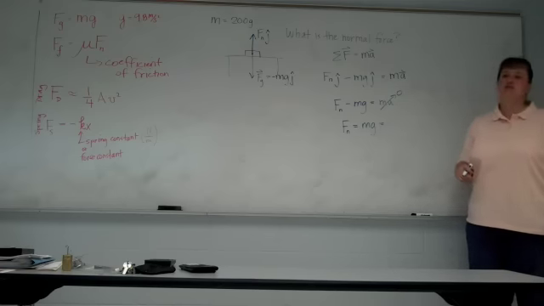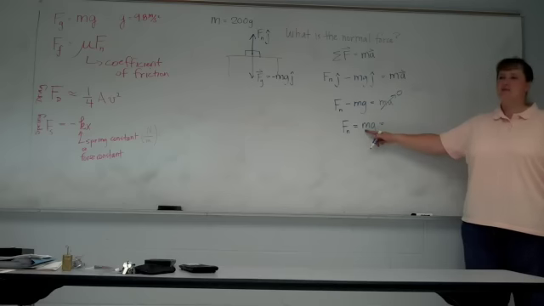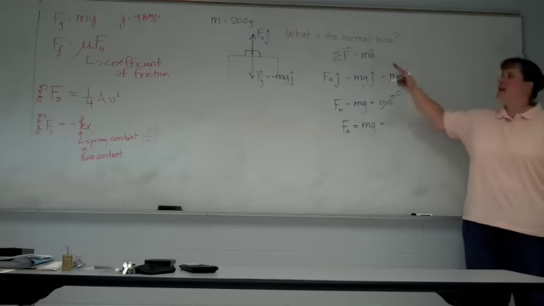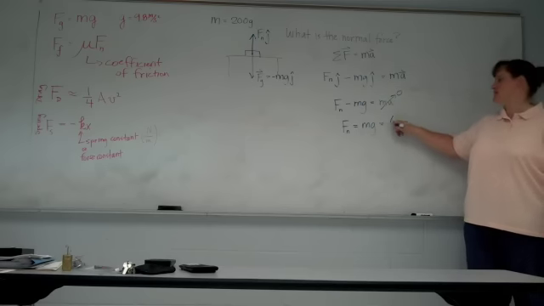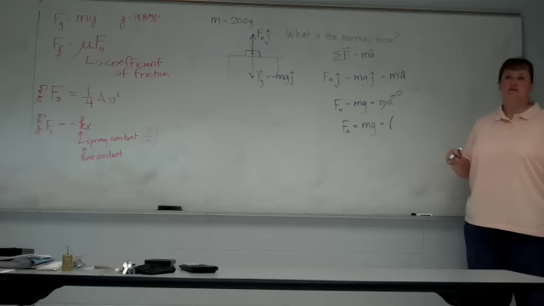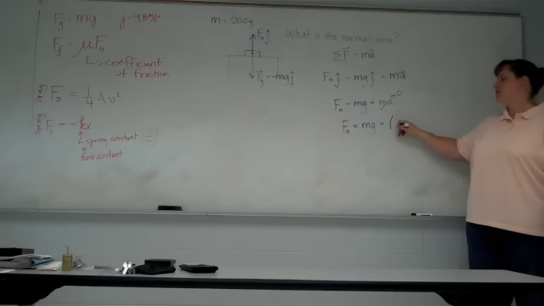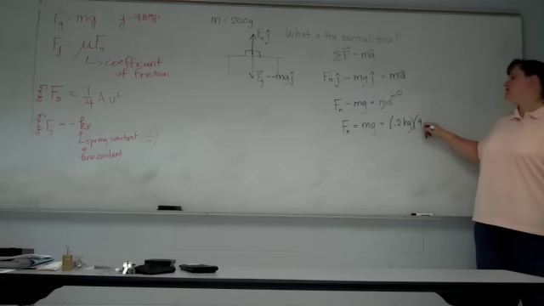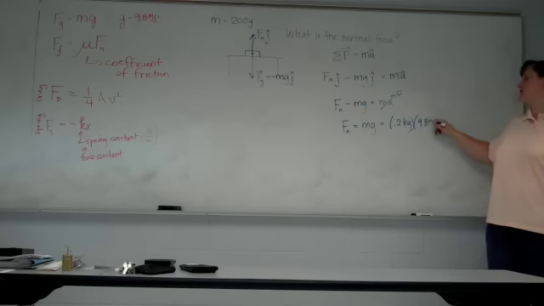Now to get newtons, remember a newton is a kilogram meter per second squared. We need our masses to be in kilograms. How do we go from grams to kilograms? Divide by 1,000. So 200 grams will be 0.2 kilograms. g we know is 9.8 meters per second squared.